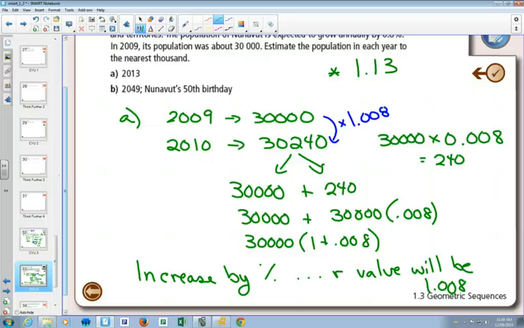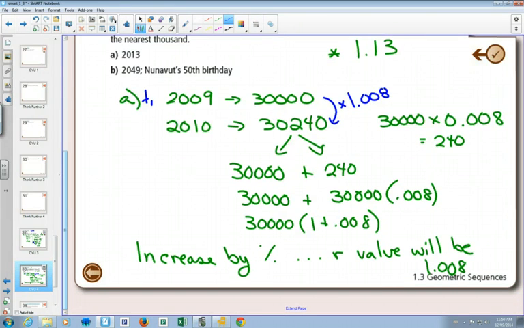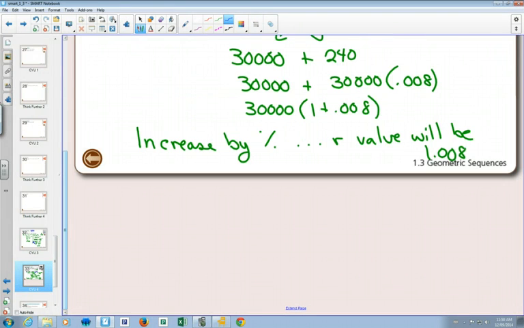Now, if 2009 and 30,000 was our term 1, all of this you can now go directly to, oh, I know my R value, this is the idea behind it. We know that term 1 is 2009, and each time to get 2011, we'd multiply by 1.008 again. And 2012, we'd multiply by 1.008 again.